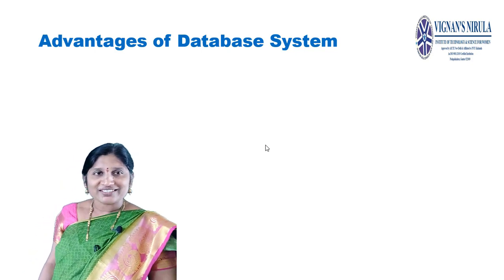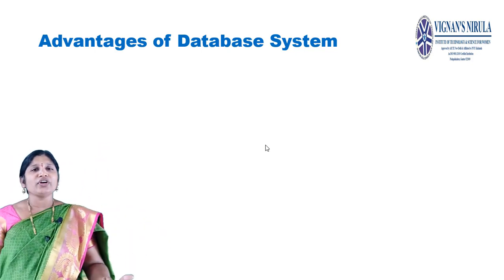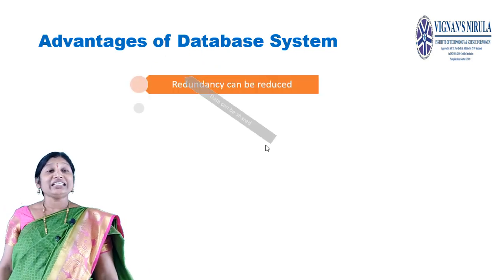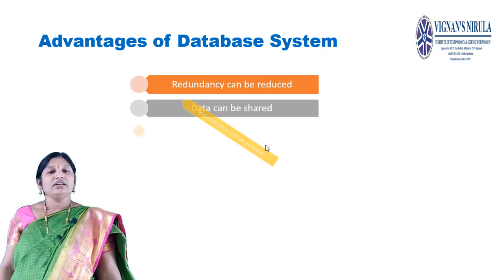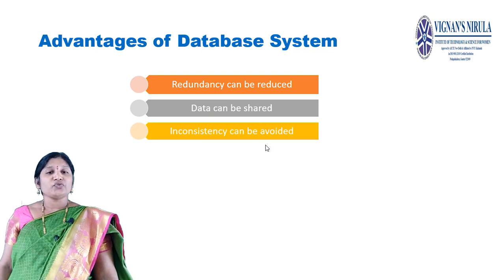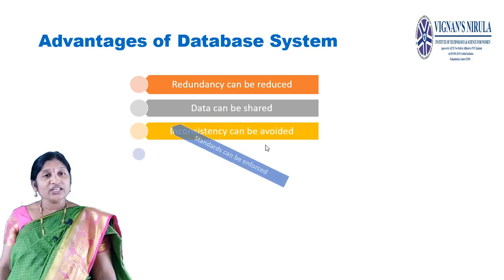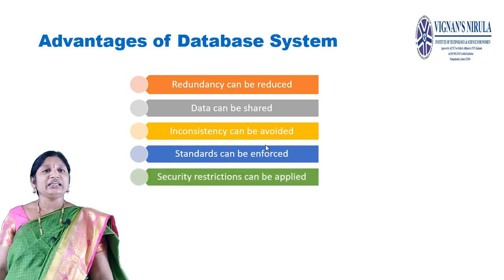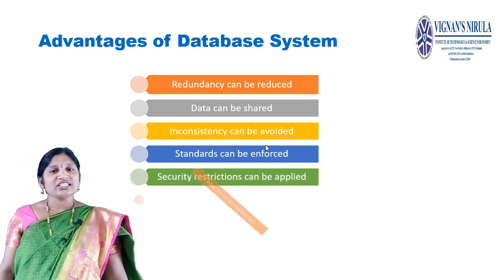The first one is redundancy can be avoided, data can be shared. The next one is inconsistency can be avoided, standards are enforced, security restrictions can be applied, and the integrity can be maintained. So what are the things?